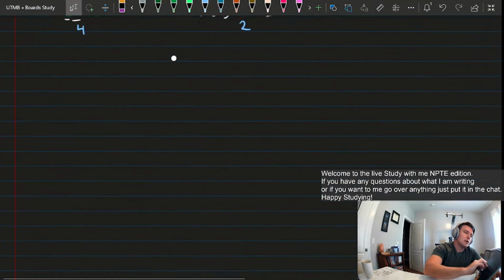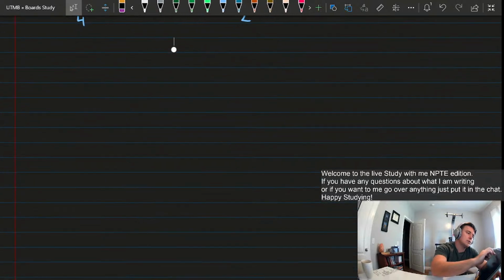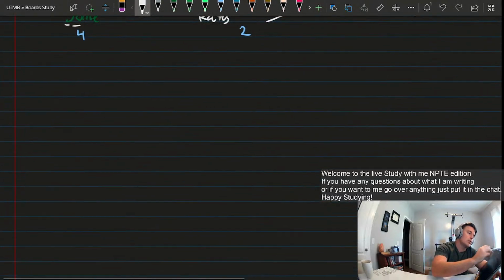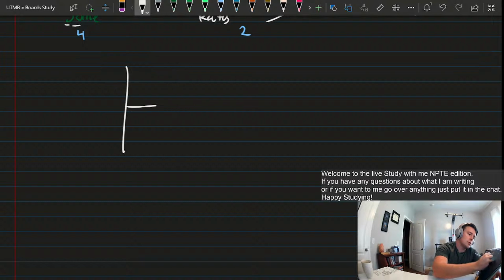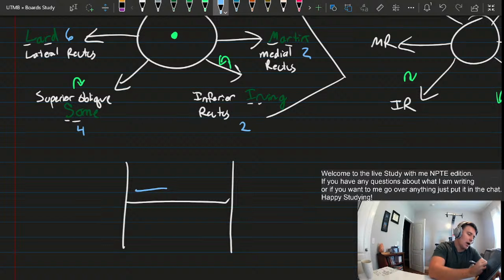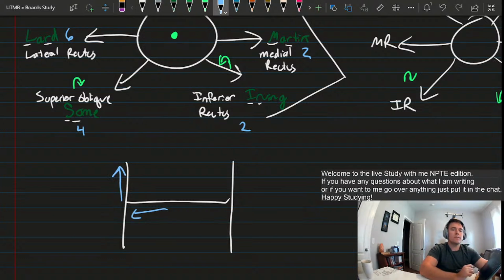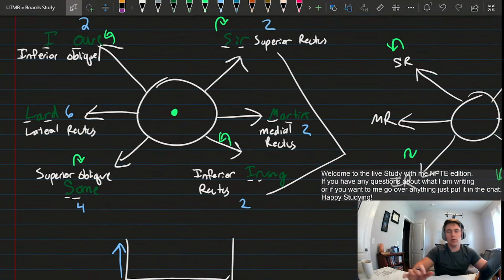All right, so H test. I'm not going to write this on my paper just because I know it, but you guys need to go laterally with the right eye. That is going to be testing the lateral rectus. Now, if you pull the eye laterally and then you go up, your first instinct is to say, oh, it's the inferior rectus.